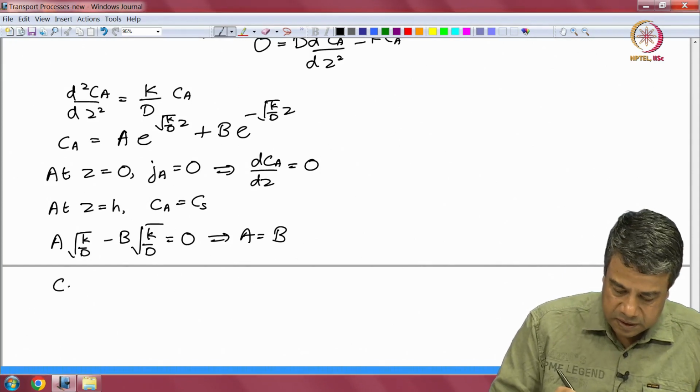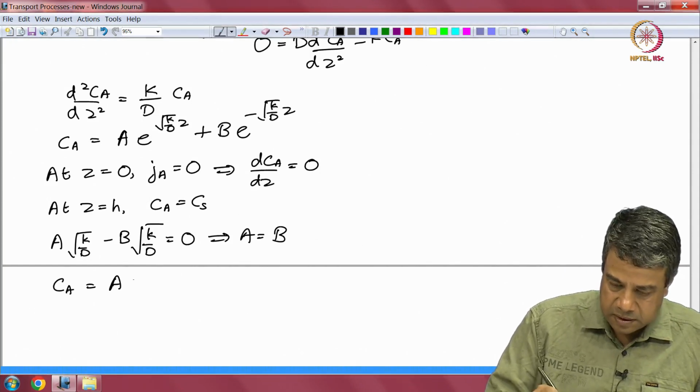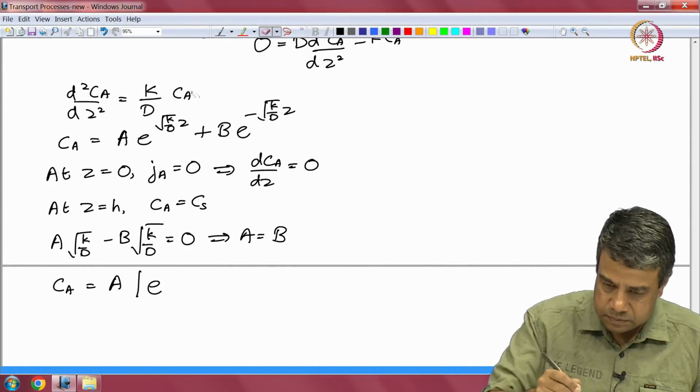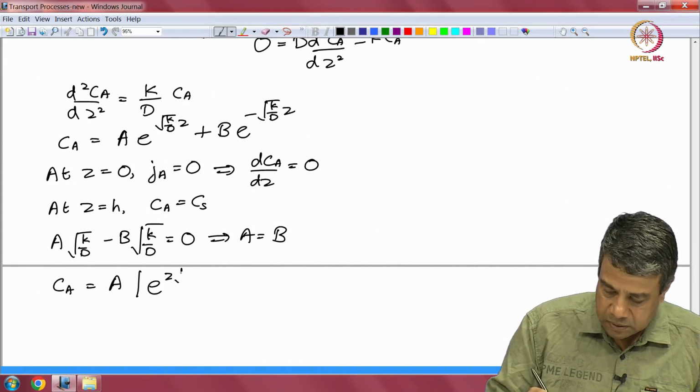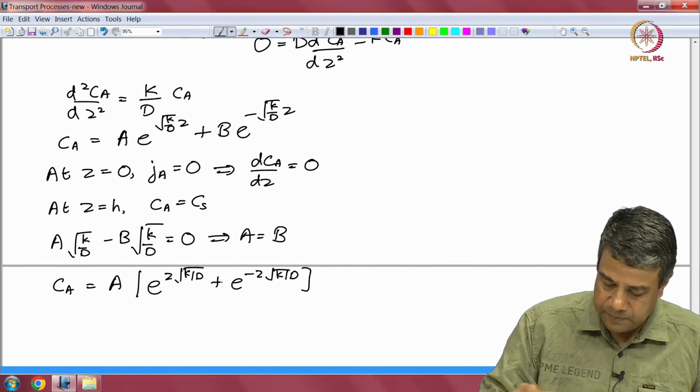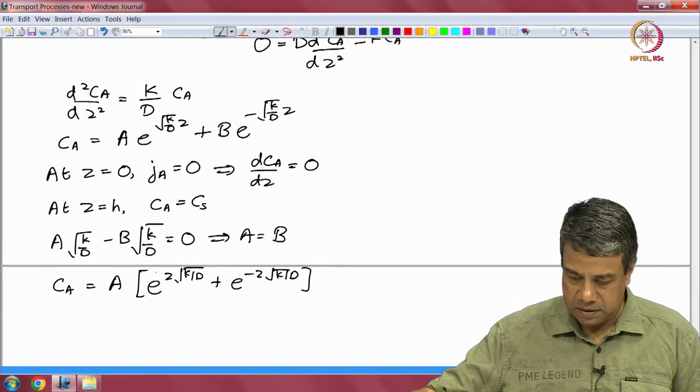Therefore, the concentration is equal to some constant times e power z root of k by d plus e power minus z root of k by d. So, that is the concentration.